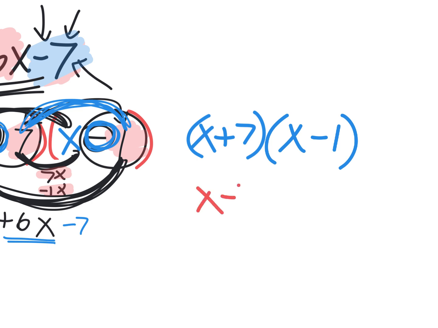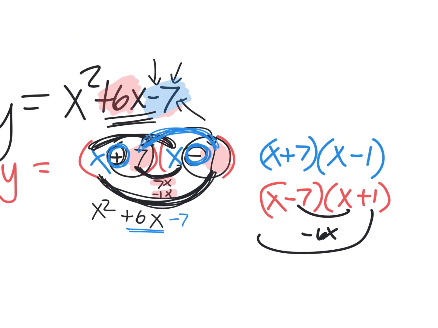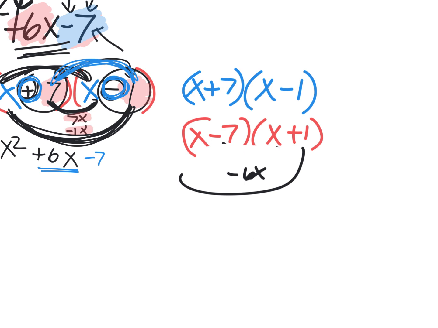If I said x minus 7 and x plus 1, it would not work, because then I get negative 6x and negative 7, and negative 6x is the final answer, and that's not what I wanted. I wanted positive 6x. So you can't just make the signs anything you want. You got to be really careful about the pluses and the minuses.